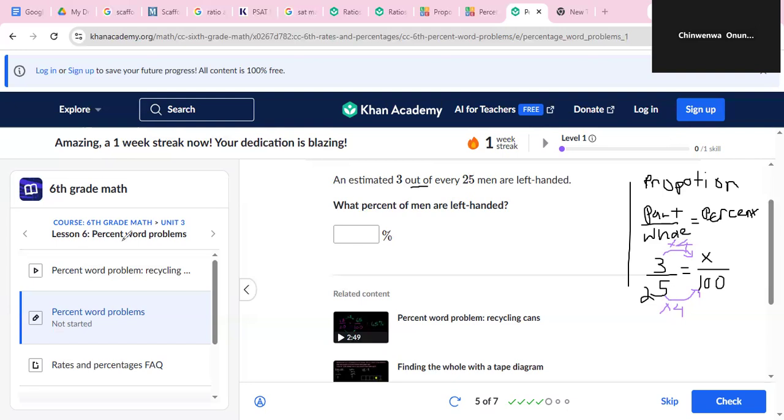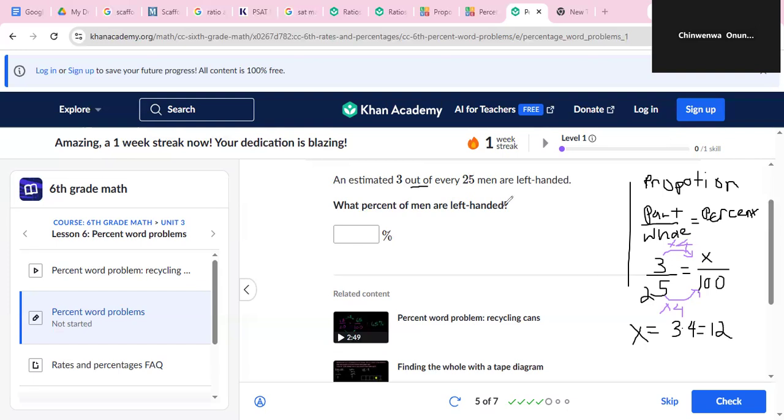So 3 times 4 is 12. So we get 12% of the men are left-handed. So my answer should be 12.